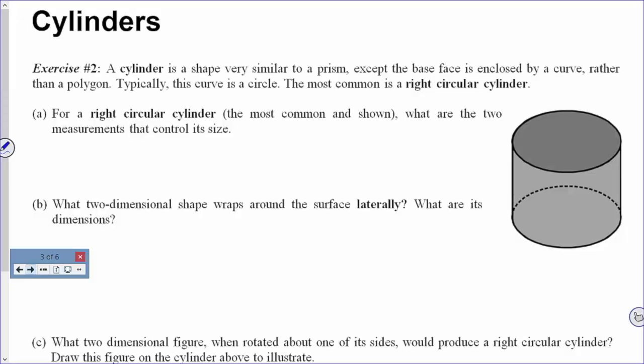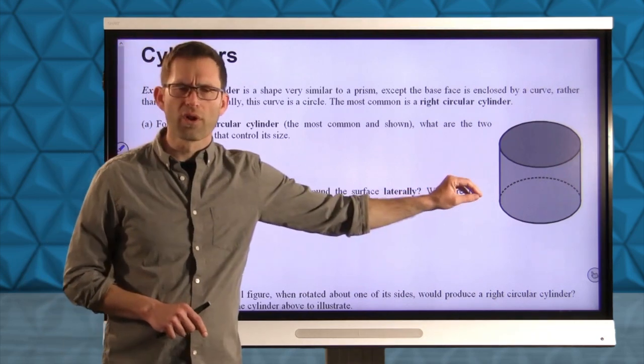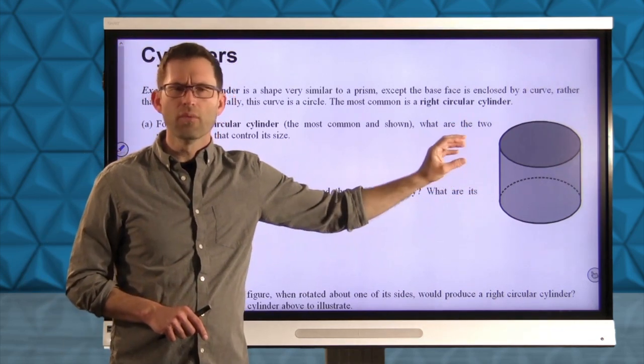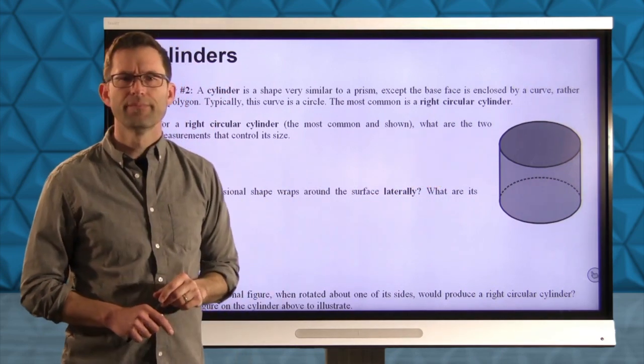Letter A asks us, for a right circular cylinder, the most common and shown, what are the two measurements that control its size? What do you think I would need to know in order to calculate things like the volume or the surface area or what have you for that cylinder?